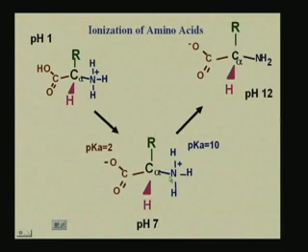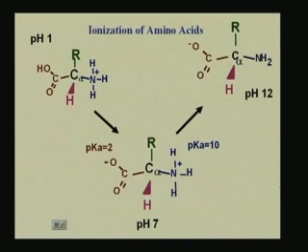But the amine group does not lose its proton at this pH, right. I keep on increasing the pH, or rather I keep on adding more base. At a point I will lose the proton that is attached to the amine group. So, if I do an ordinary titration of the amino acid, I will get how many inflection points? 2.